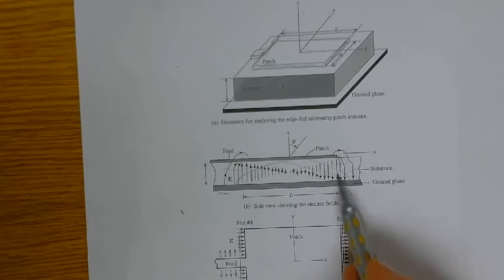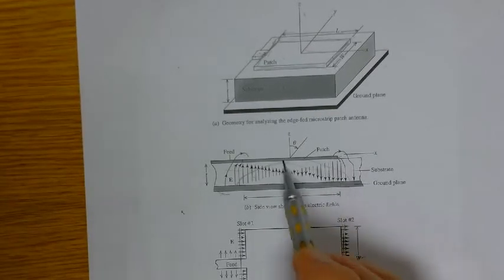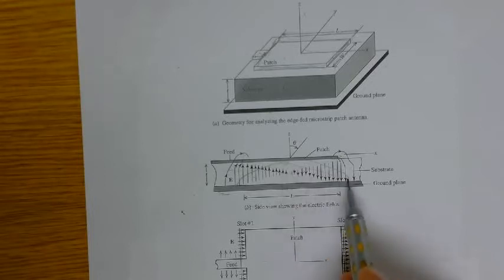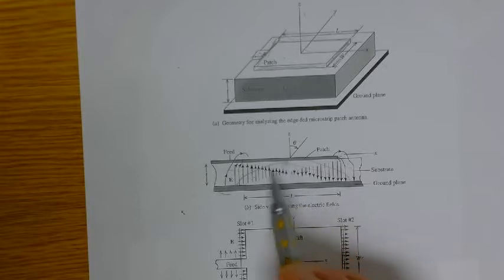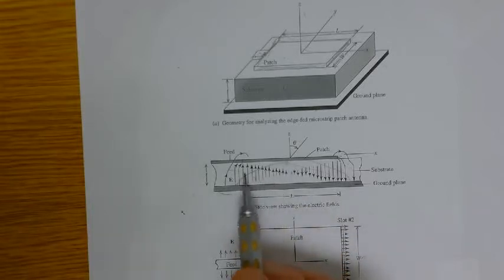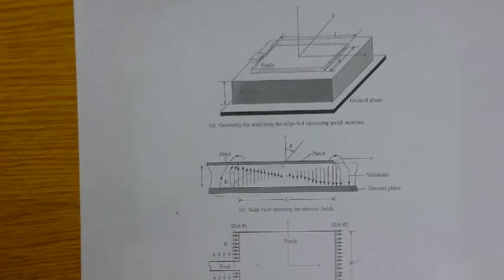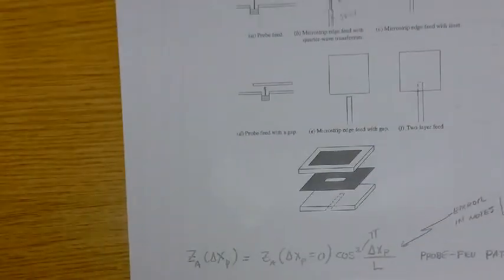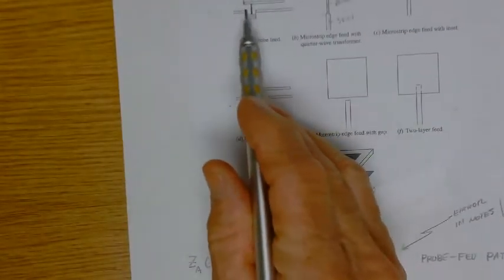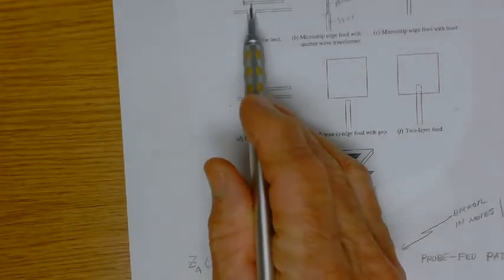This is the middle, a quarter wavelength away from an open circuit, so the current's going to be maximum there. So as you move that probe in and out along this, you're changing the ratio of the voltage standing wave to the current standing wave, and therefore you're changing the input impedance. So that's what we're doing while we're moving this probe in. We're changing the ratio of voltage to current.